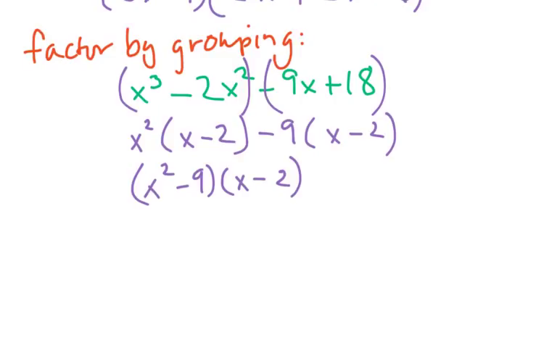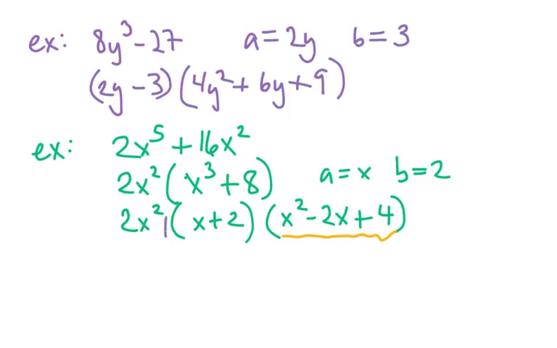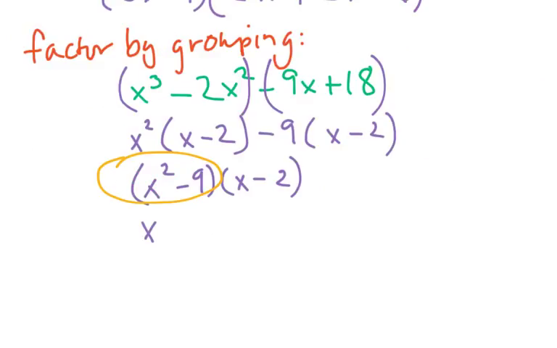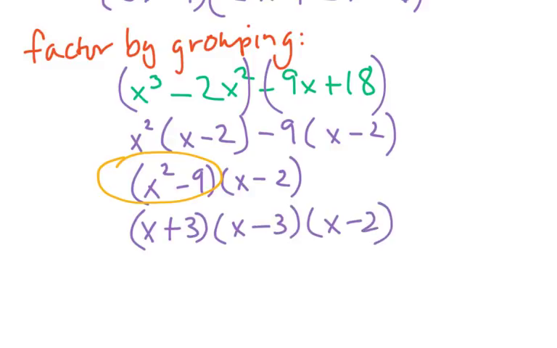This is still factorable. So you're always looking to see, when you're done factoring, can you factor some more? X squared minus 9 is a difference of two squares. I get x plus 3 times x minus 3 times x minus 2. So you're going to see this come up a lot in your work where you're going to have to factor further.